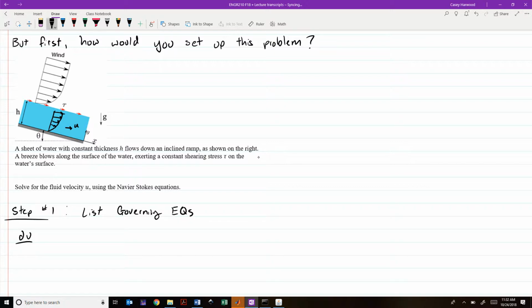We're going to go ahead and make the assumption right up front that this is a two-dimensional flow, so we're going to drop everything in the z direction because we saw in the previous examples we did that the z direction disappears entirely anyway. Sorry, this should be du dx plus dv dy is equal to 0. So there's continuity.